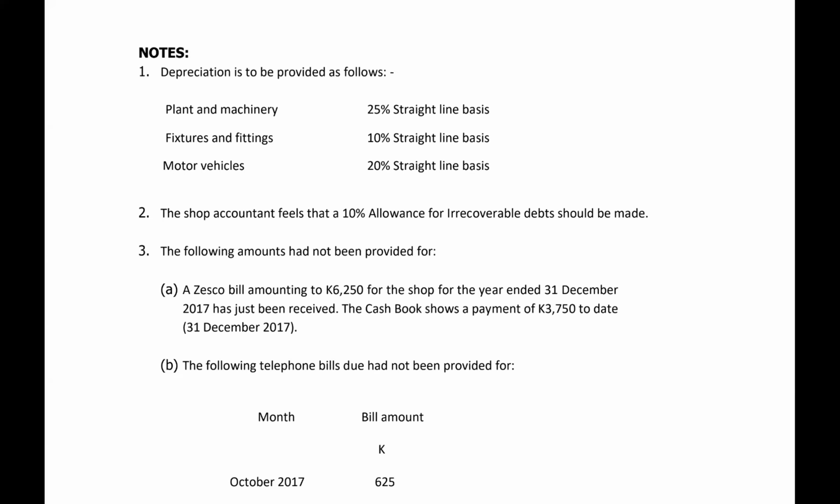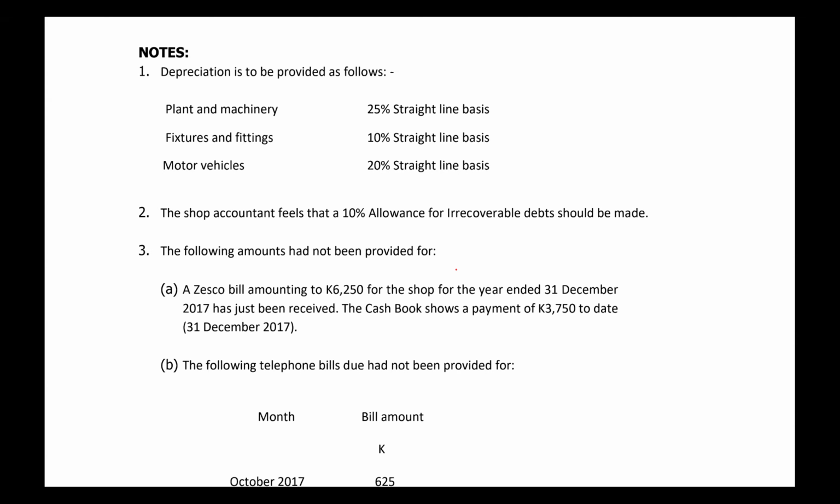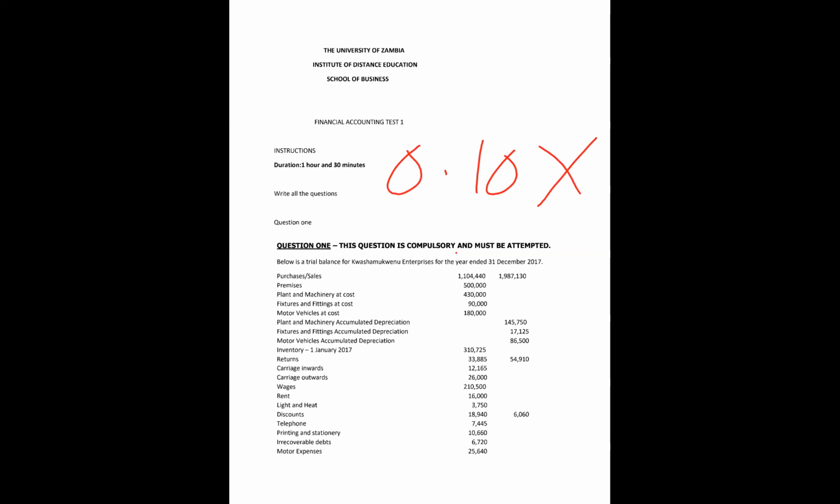You have to calculate. The first one says a shop accountant feels that a 10% allowance for recoverable debt should be made. So it's 10%. This 10% is actually 10% of receivables, because it is from receivables that we get recoverable debts. So you do 0.10 times the total trade receivables.